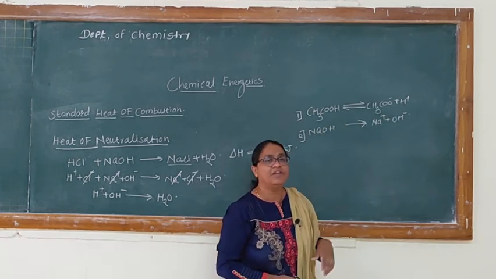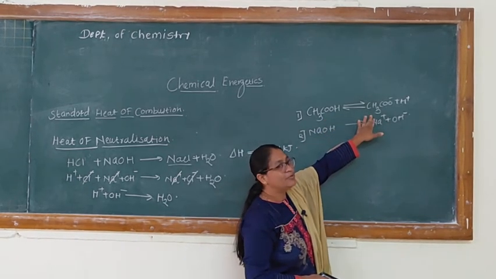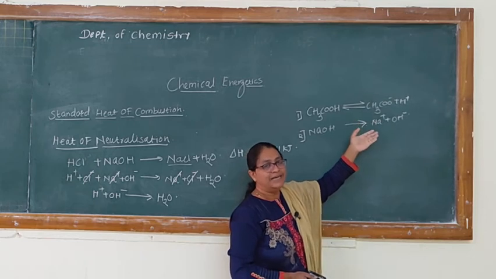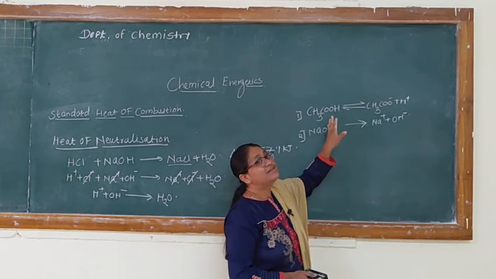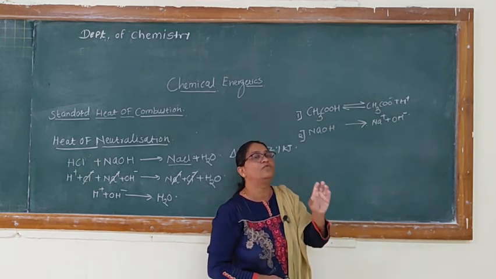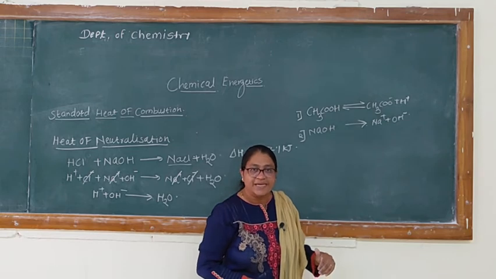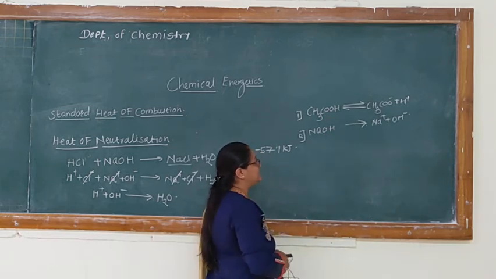Why shift the equilibrium towards the right? Because as we shift the equilibrium towards the right, more of the acetic acid will be dissociated. So to dissociate the acetic acid completely, some of the heat is utilized, and that is why the heat of neutralization for this reaction is less.